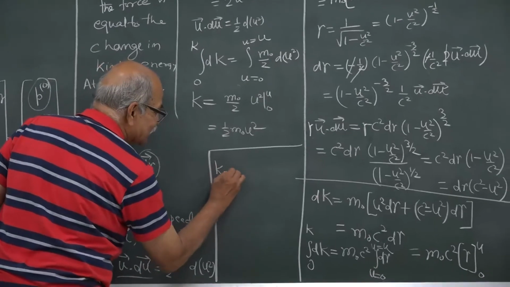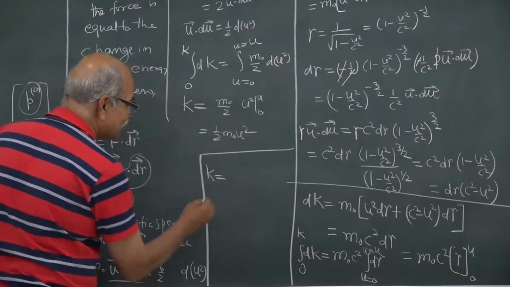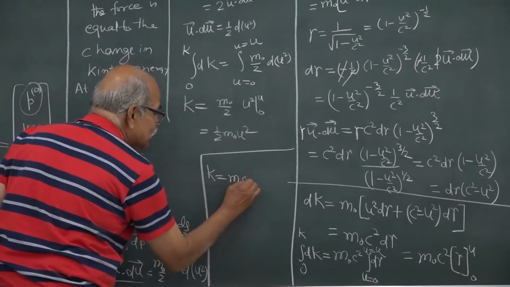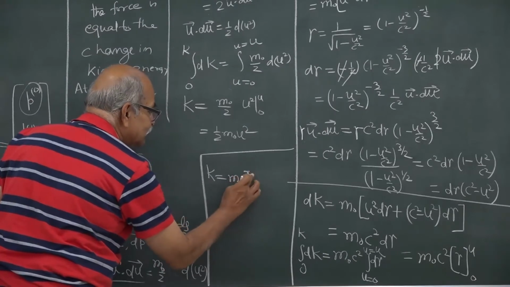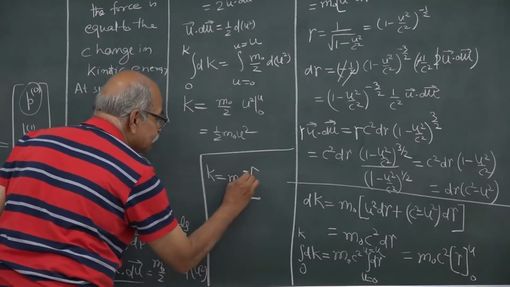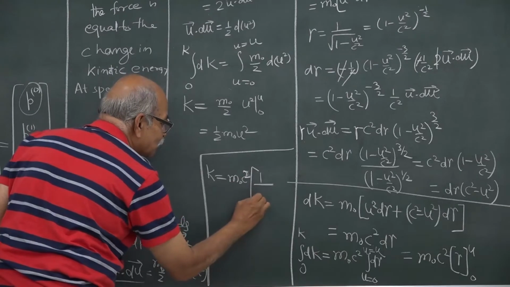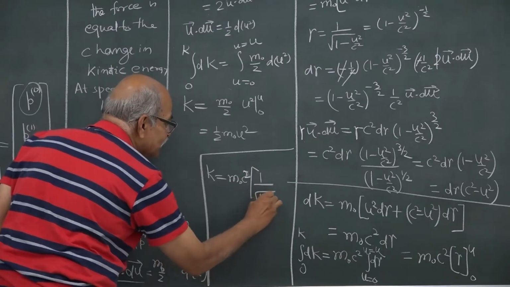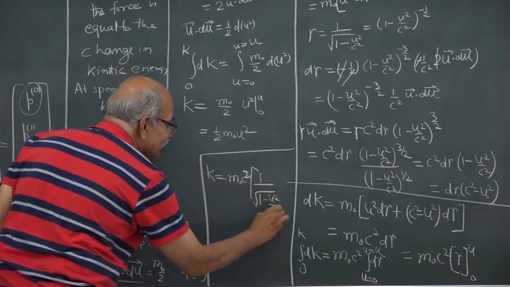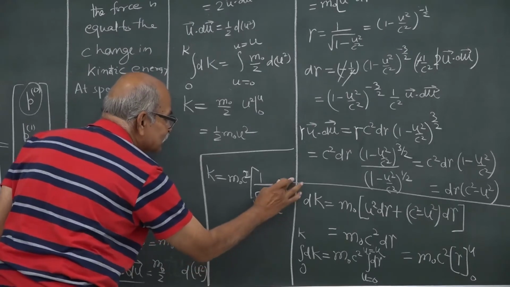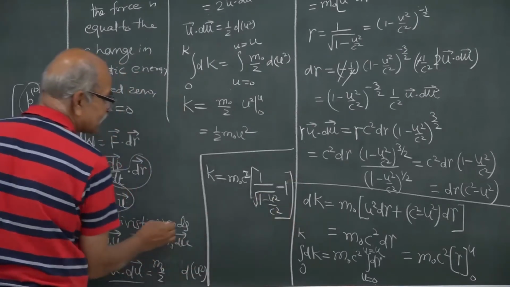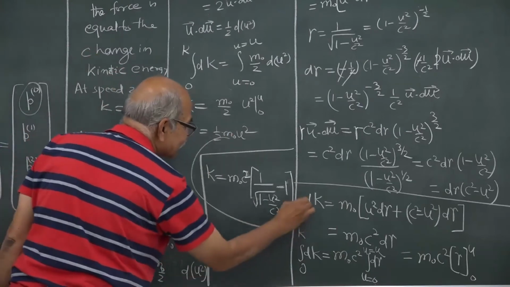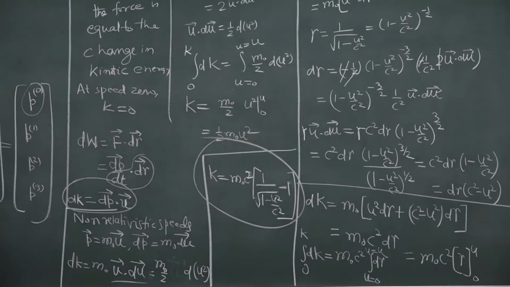This integration gives k equal to m naught c square, and then within brackets 1 by square root of 1 minus u square by c square, minus 1. This is the kinetic energy expression that we are looking for.